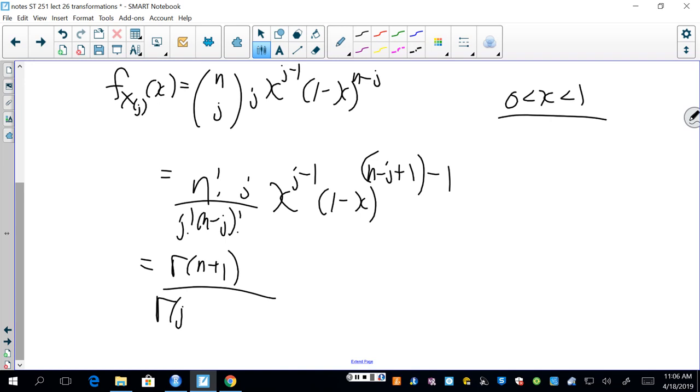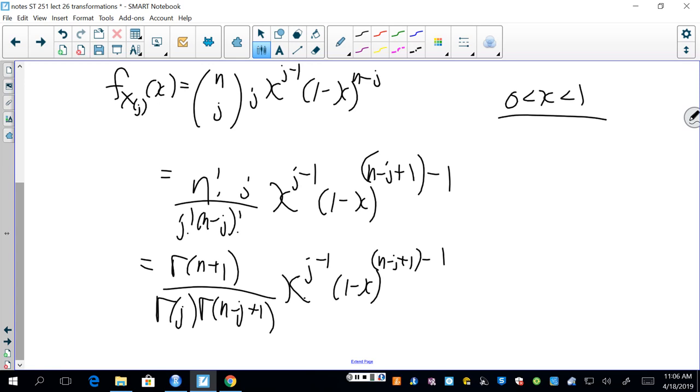So it's just j gamma of j. And then gamma of n minus j plus 1. Yeah, it goes up like 1. And then there's the x to the j minus 1 and the 1 minus x to the n minus j plus 1, minus 1. So that's a beta density.